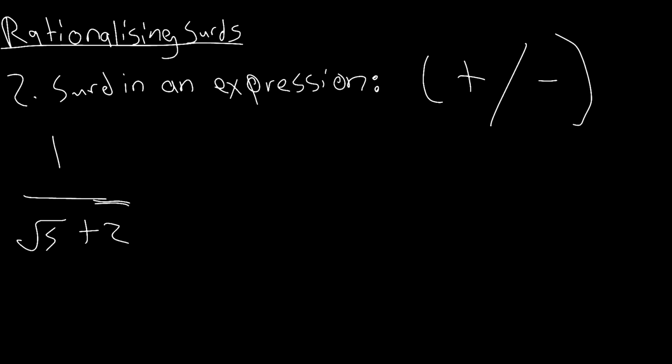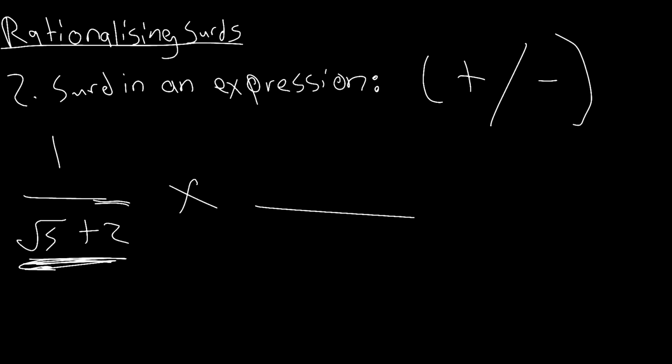The way to rationalize it is we would have to conjugate this root 5 plus 2. What this basically means is, same thing as when the surd is alone, we'd multiply the top and bottom by root 5 plus 2, except we would have to conjugate it, which means we would have to invert this plus. We would have to change it.